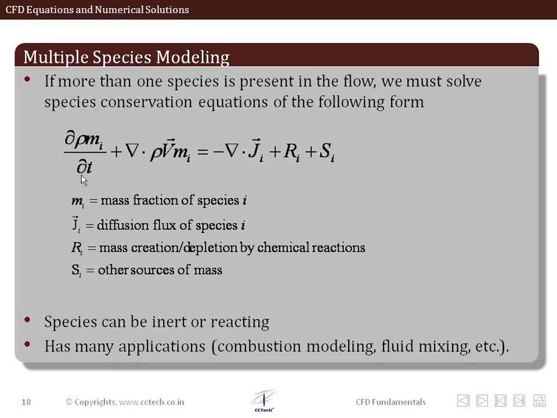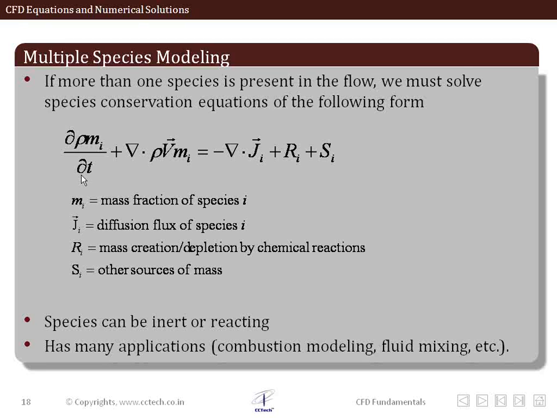In the case of liquid, let's say we have a mixture of petrol, diesel and kerosene or different kinds of fuels, or in the case of hydrophilic substances like hydrogen peroxide and water, we can have such mixtures. But these are single phase problems consisting of multiple species.